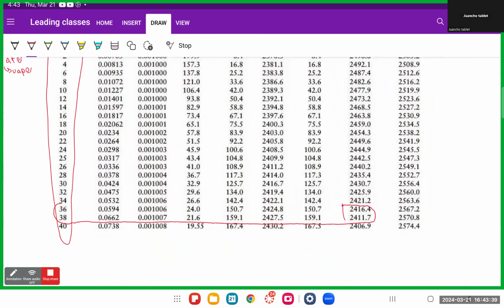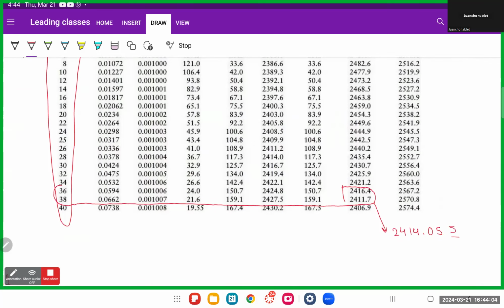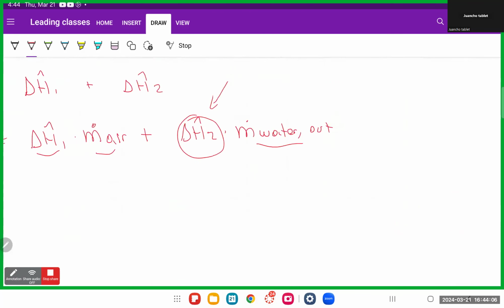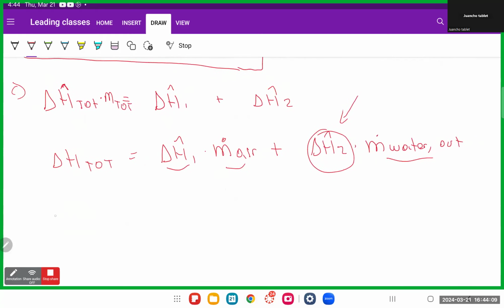So if we do a simple average of these two, we will get that the specific enthalpy for water vapor is going to be 2,414.05 joules over gram. So we can use that new information and finish this equation over here.